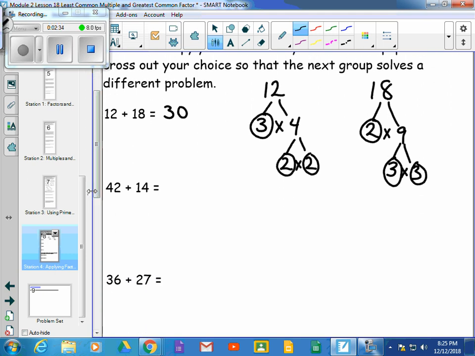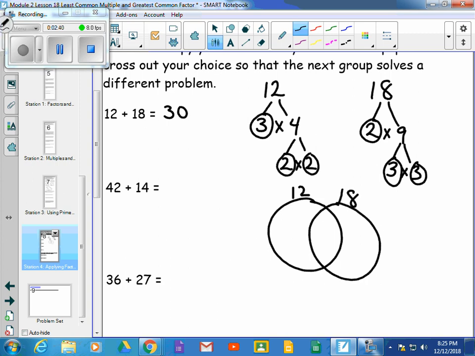Now, if I use my Venn diagram, the left circle represents 12, and the right circle represents 18. They have a 3 in common, so I'm going to put that in the center. And they have a 2 in common, so I'll put that in the center. 12 has a 2, but not 18.